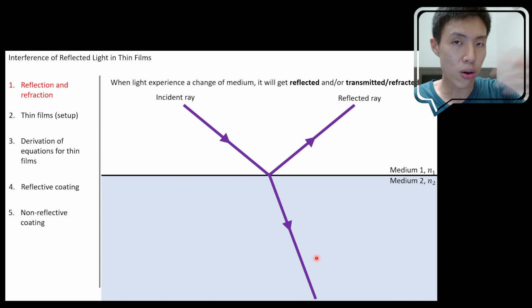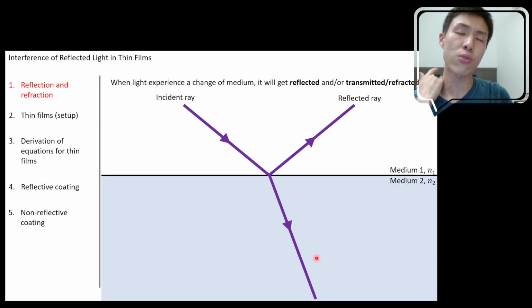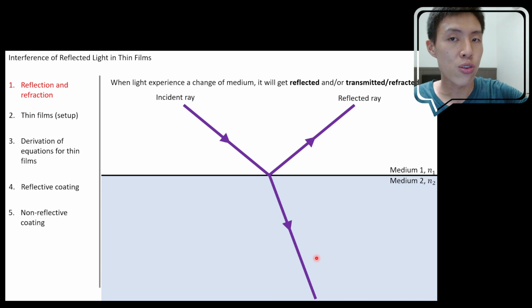That's why if you look out from the window of your home, you see a faint reflection of yourself, but at the same time you are able to see what's happening outside, because the light from outside gets refracted through the glass and comes into your eyes.